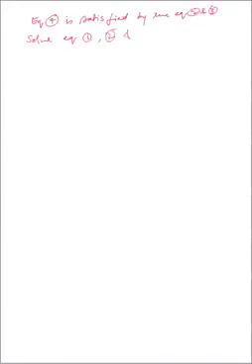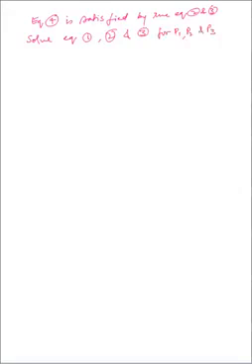Equation 4 is satisfied by the equations 2 and 3. So we can solve equations 1, 2 and 3 for p1, p2, p3 in terms of x1, x2, x3, whatever is given.